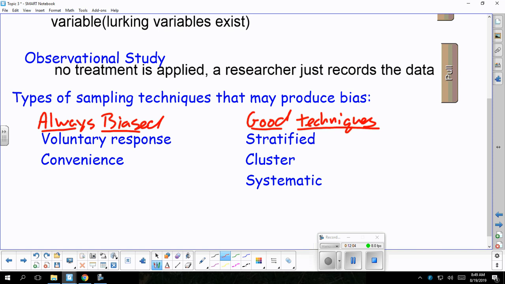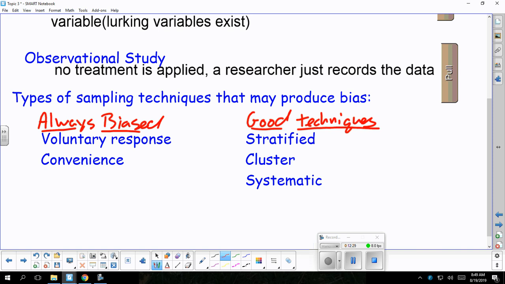So first, voluntary response bias. This is when you don't choose randomly who participates, but you give the people a chance to volunteer for your survey. These are the call-in surveys or the surveys you see online. It turns out that the people that respond to these types of surveys tend to have very strong opinions about the subject.